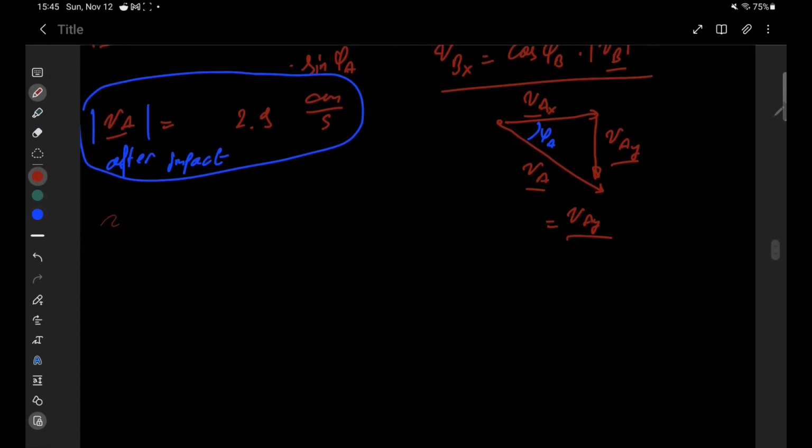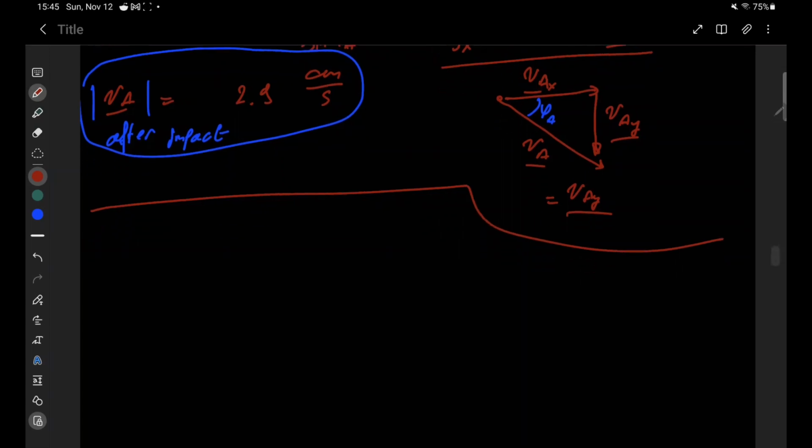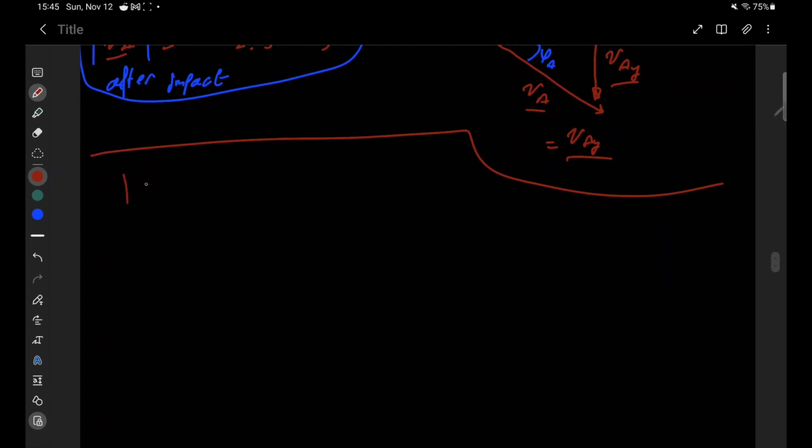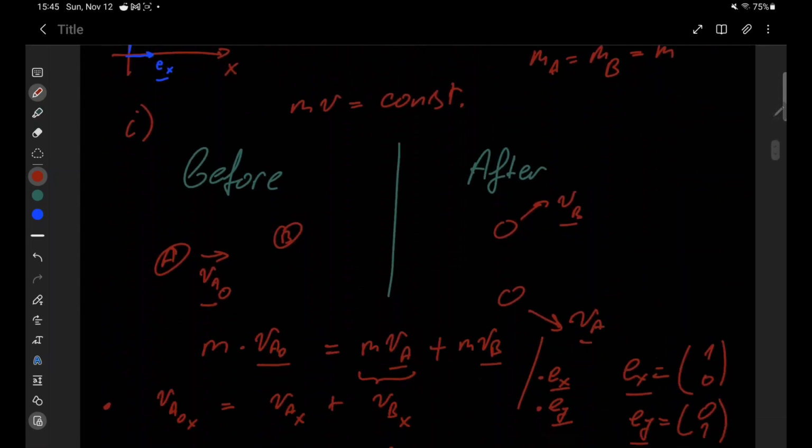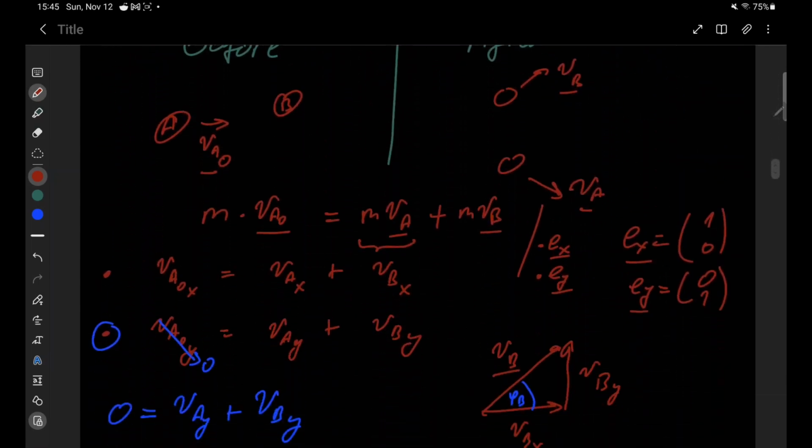Okay, so now that we have this, let's try to get the initial velocity of coin A before the collision. So what we are looking at is the magnitude of the vector VA0, so that's the velocity. Let's get back here. That is this velocity, this here, before the impact. Now, how can we find that?